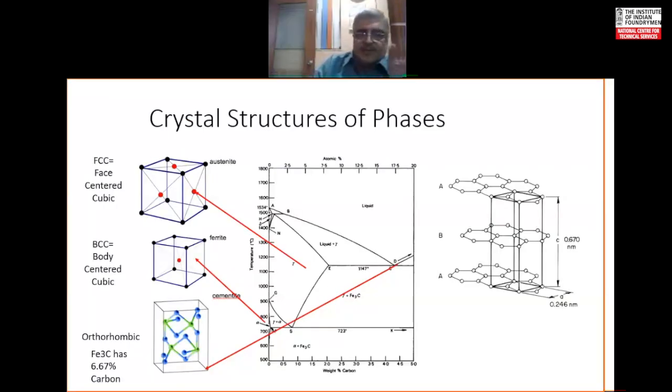Now, instead of cementite, if the conditions are right, you may get graphite coming out of the solution, and graphite has what we call a hexagonal close-packed structure, where each ball represents an atom of carbon.